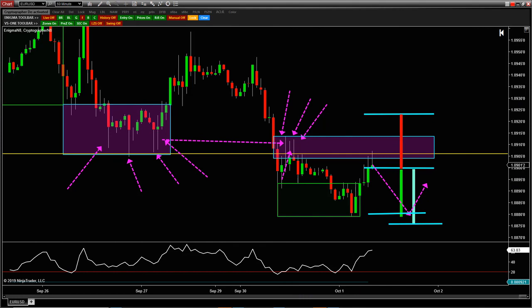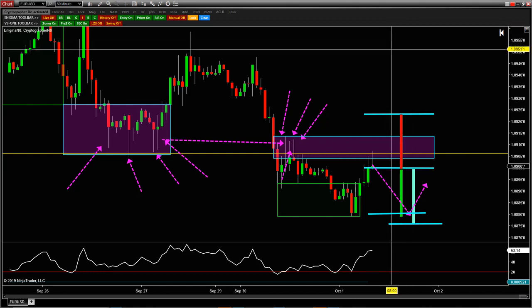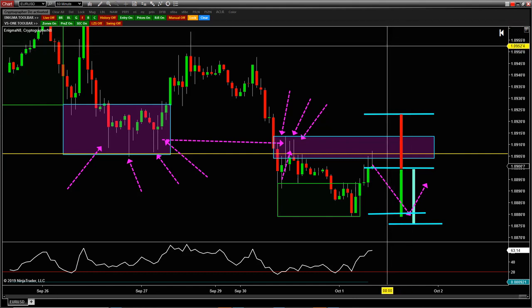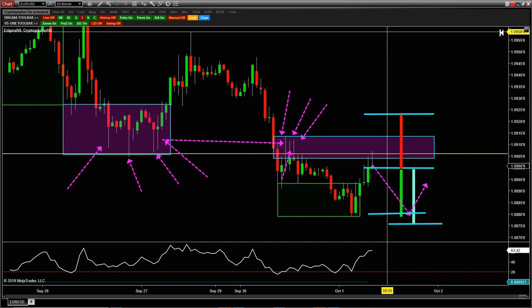Not random at all. Even moving averages, which I'm not a fan of personally, aren't random either. They're based off price movement. RSI, based off price movement. ATR is price movement. So all those indicators aren't random.